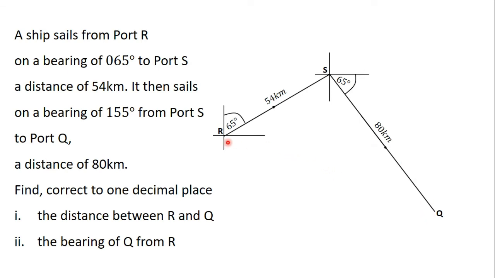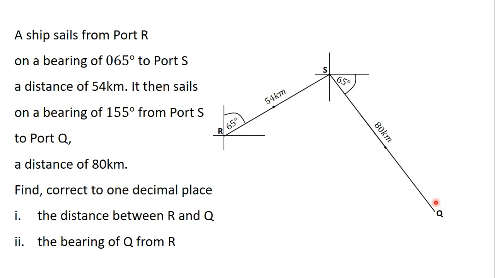Once again, on this diagram, you can see that from R to S is 54 kilometers. From S to Q is 80 kilometers. So make sure that the 80 kilometers is longer than the 54 kilometers. Don't draw them as the same length, or make the 54 kilometers longer than 80 kilometers.